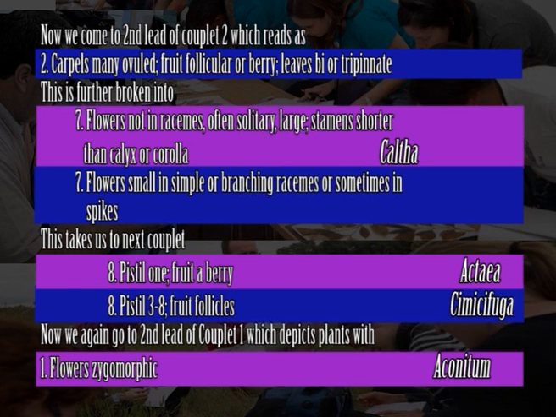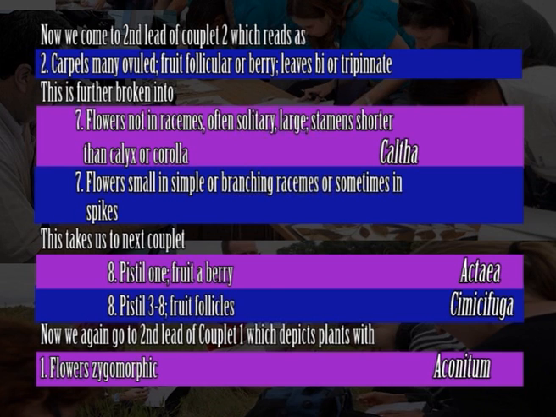Now, we come to the second lead of couplet 2 again, which groups plants with carpels many ovuled, fruits follicular or berry, leaves bi- or tripinnate. This is further broken into two leads: flowers not in racemes, often solitary, large, stamens shorter than calyx or corolla, which signifies the characters of Caltha, and the second lead of the seventh couplet is flowers small in simple or branching racemes or sometimes in spikes.